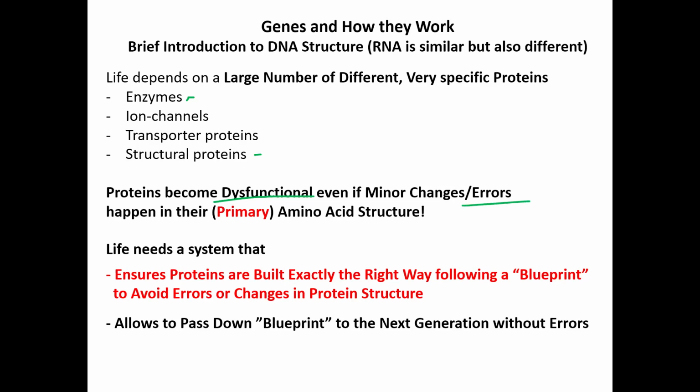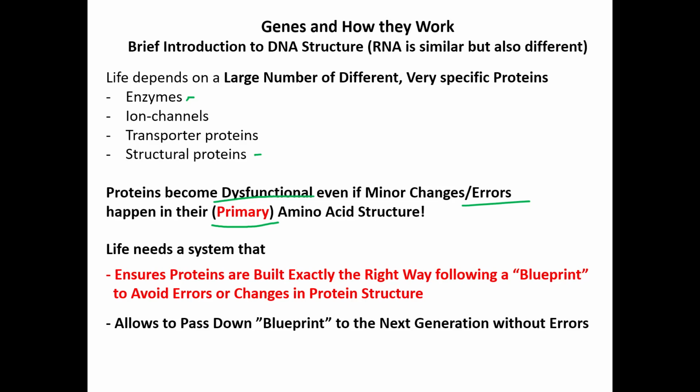Much more dramatic are errors that happen during the synthesis of proteins, and this would be an error in the primary structure of a protein, its amino acid sequence. If anything goes wrong here, we may end up with proteins that do not function the way they're supposed to function.